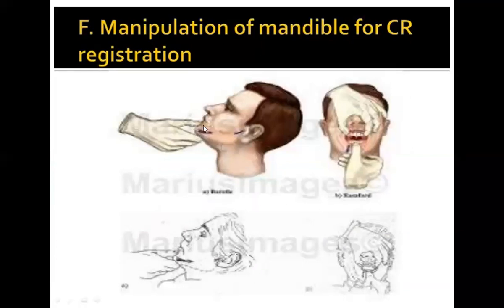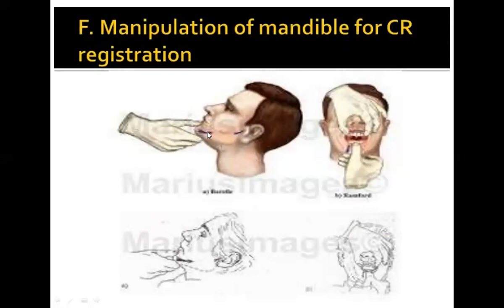This is chin point guidance, where you keep your thumb over the chin point area. The other finger supports the base of the chin. The head must be supported. Unless the head is supported by the backrest of the dental unit, you will not be able to manipulate the mandible into its centric relation position.